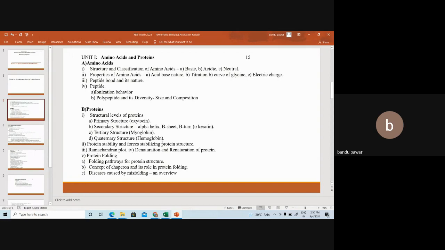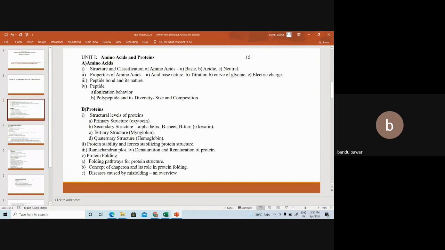What is meant by Ramachandran plot, and how secondary structure is involved. What is meant by allowed region and what is meant by disallowed region is also important in Ramachandran plot. Ramachandran plot is the most important point regarding competitive exams.